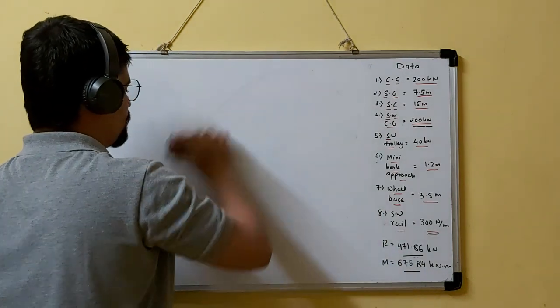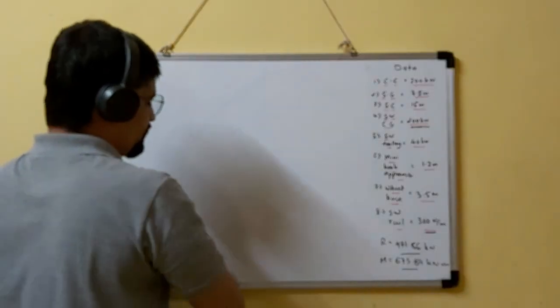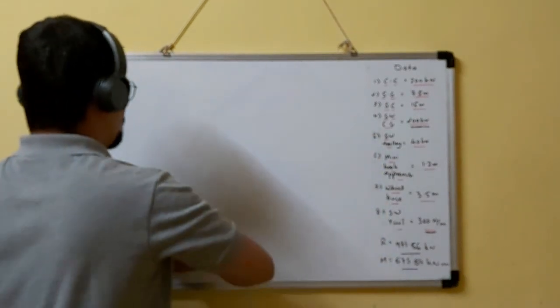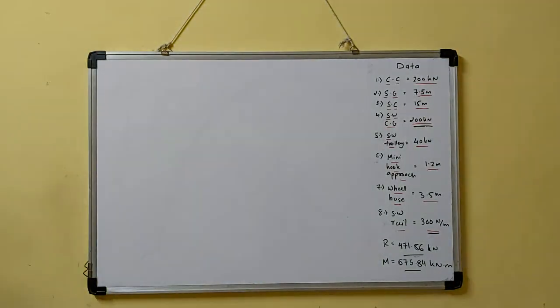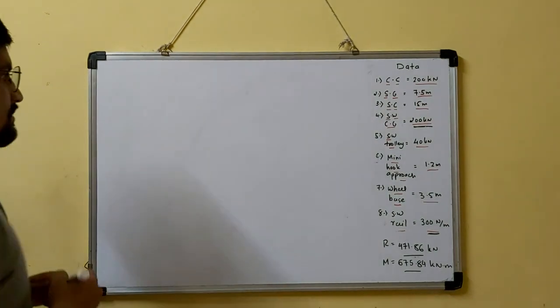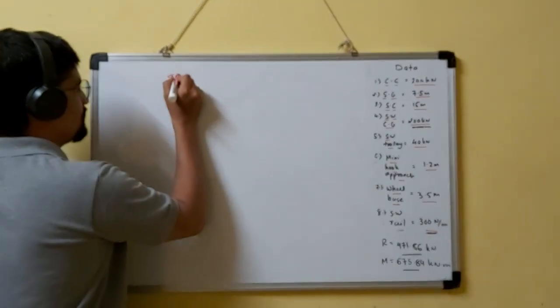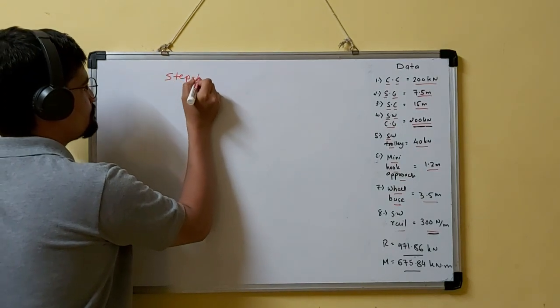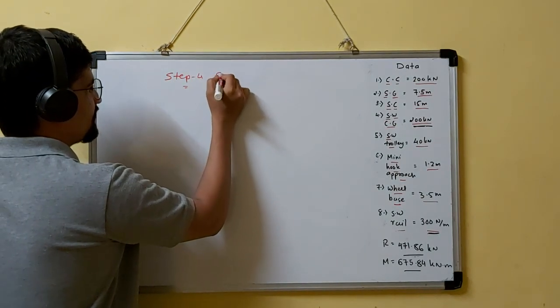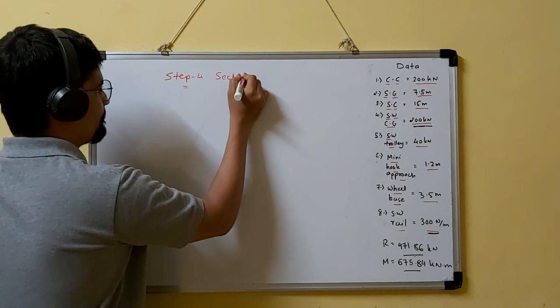We have calculated all the things occurring on the gantry girder; now to resist them, which section will we provide?